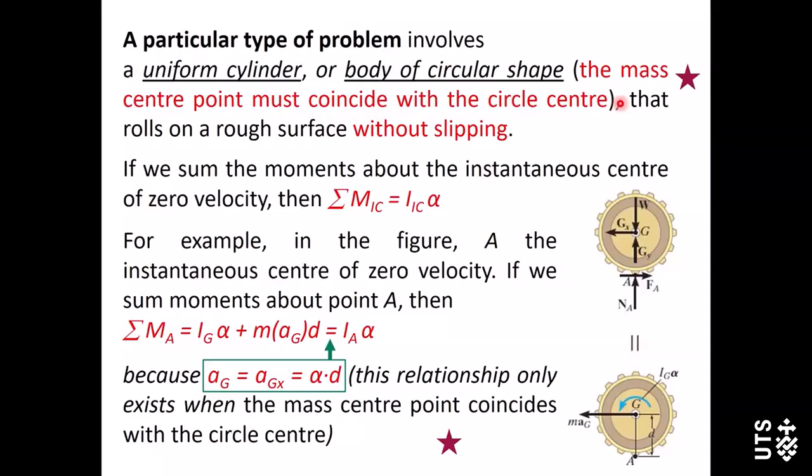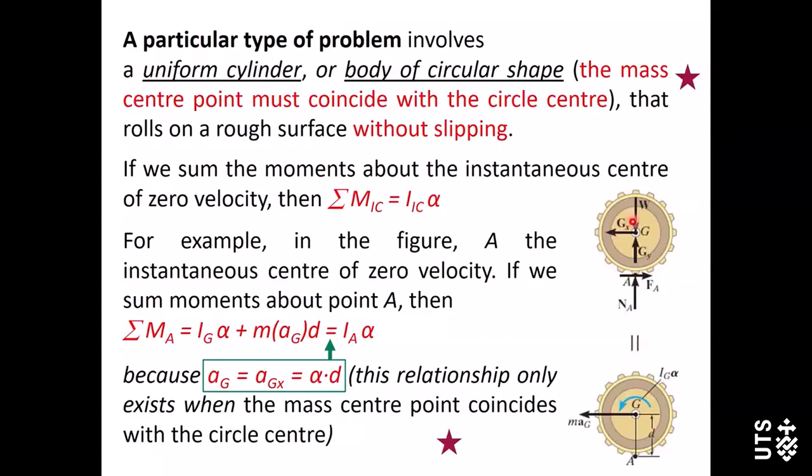And this cylinder or body of circular shape rolls on a rough surface, so we can assume the friction force is high enough. No slipping occurs. This problem will be like the problem of a front roller of a soil compactor rolling on the ground.